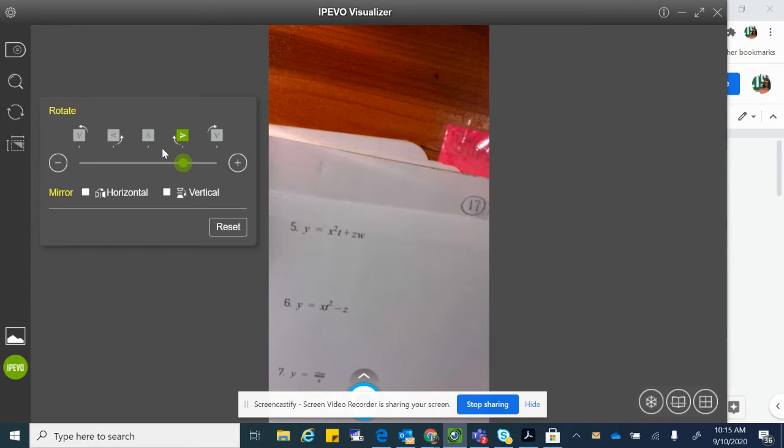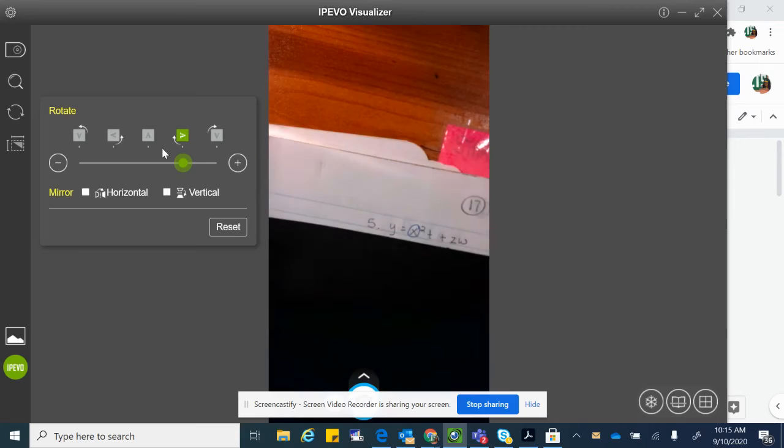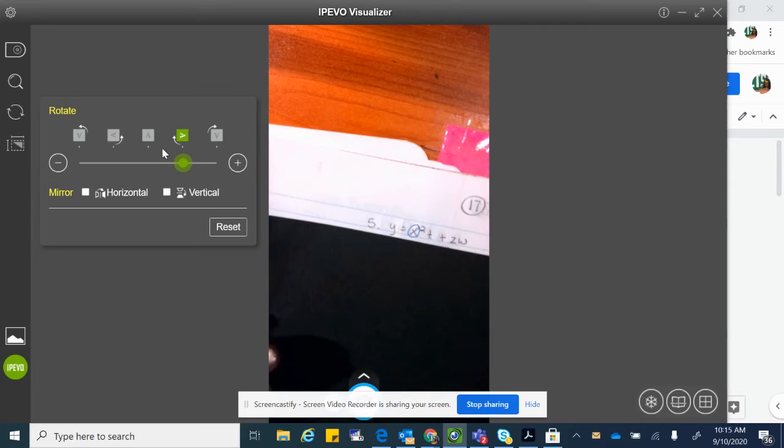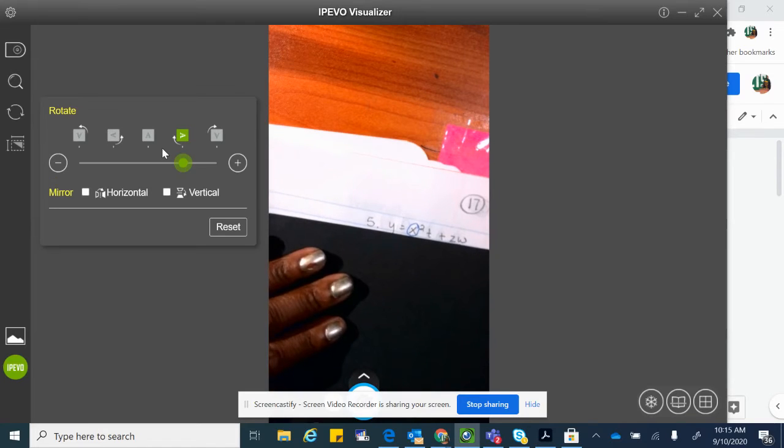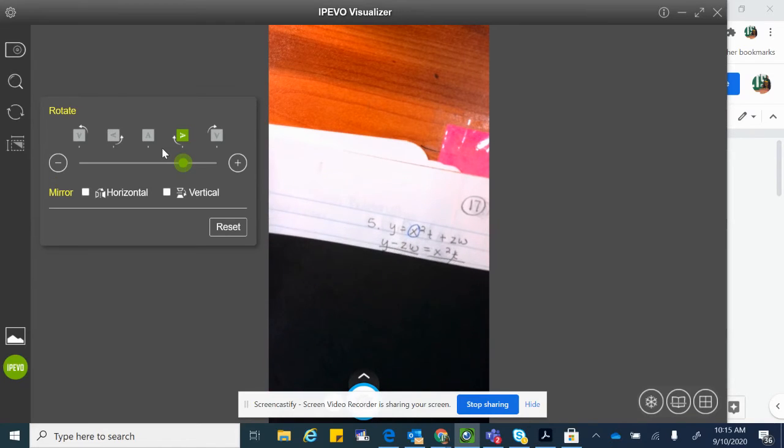Okay? So again, to keep me focused, I went ahead and circled and isolated the x to let me know this is what I am solving for. And I went ahead and underlined that.